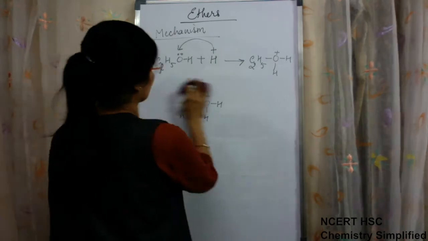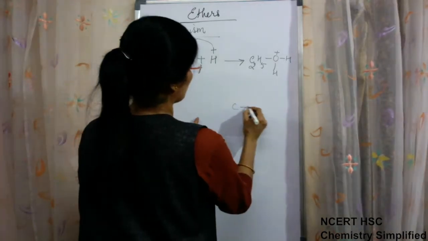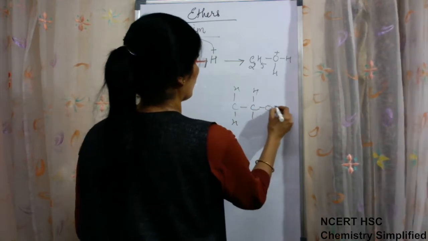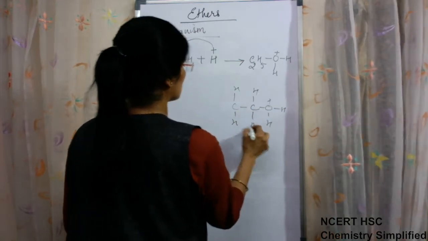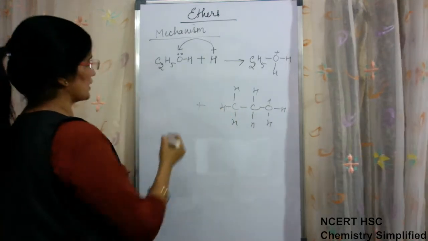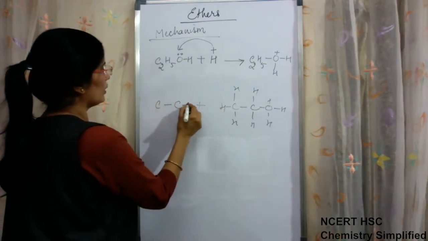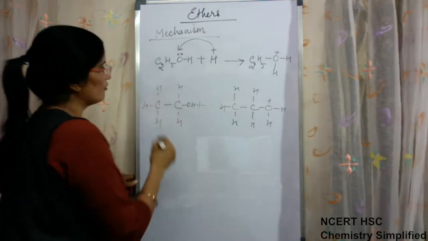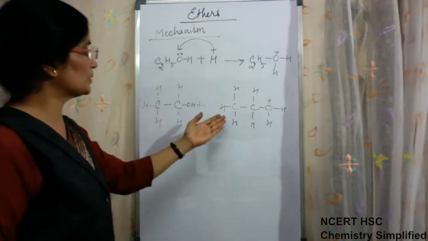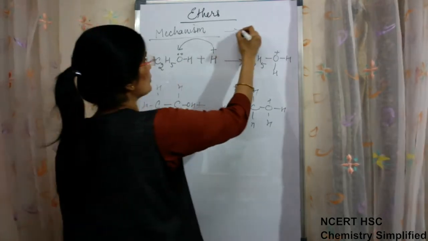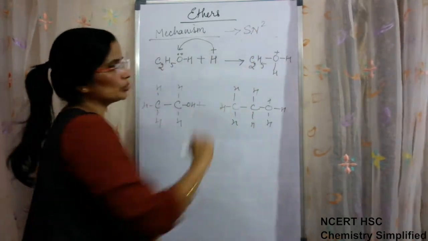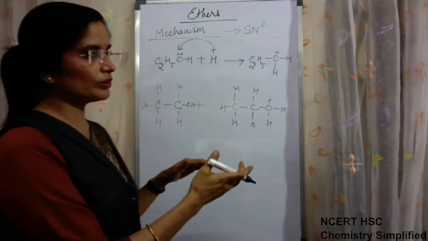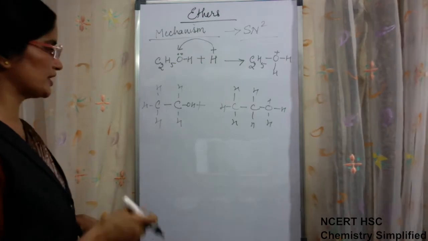Just a minute. Let me draw it this side. H, H, H, positive H. In this case, another molecule of alcohol, OH, will attack from the back side of the molecule, because the mechanism I told is SN2, and we know that always in SN2 mechanism, attack is from the back side of the molecule and inversion of the configuration takes place.